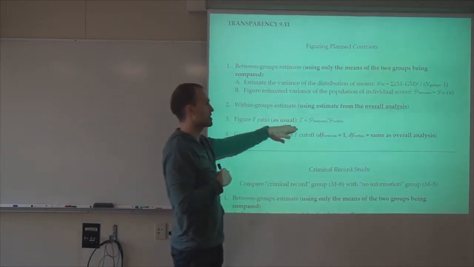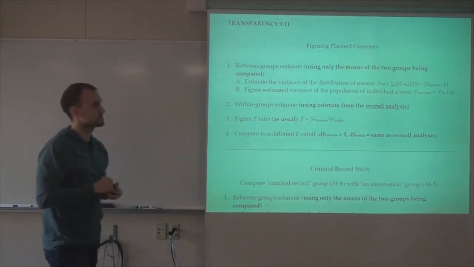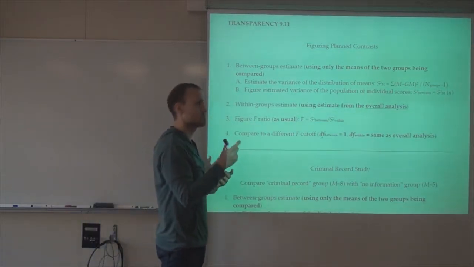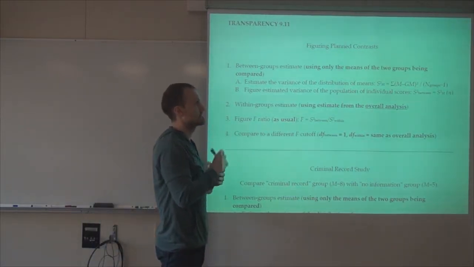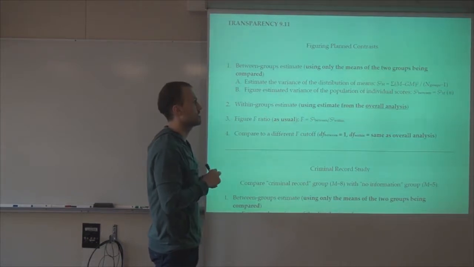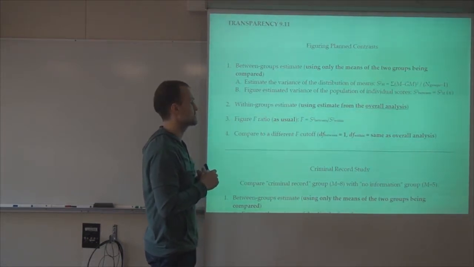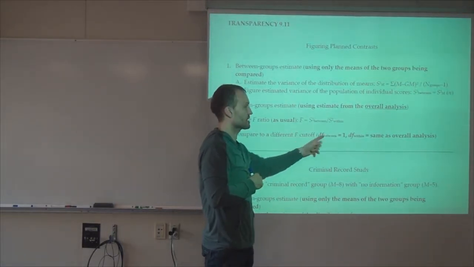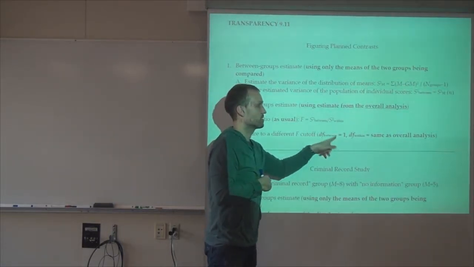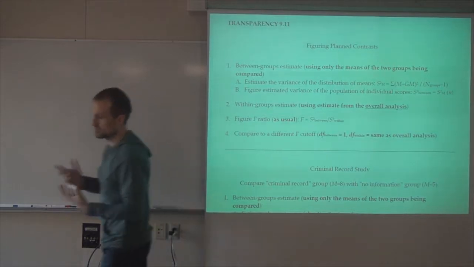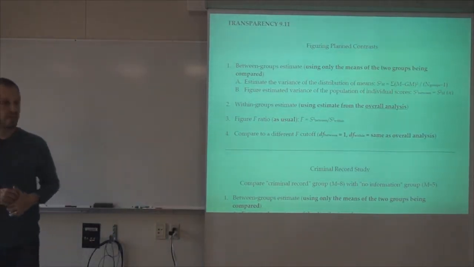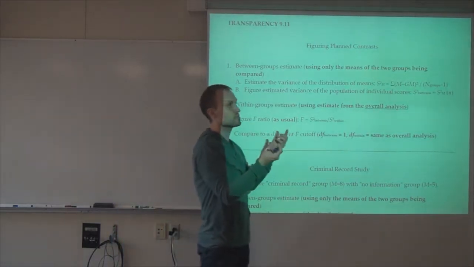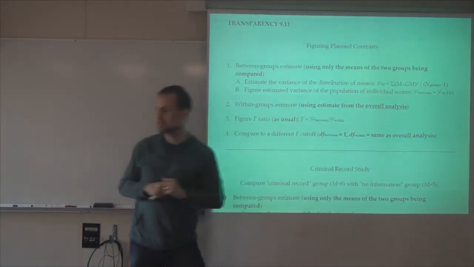Then I'll calculate my F ratio as always and get something slightly different corresponding to that pair of groups, samples. Compare that to what might be a different F cutoff, because my degrees of freedom, especially the between, will change to potentially a 1, because I have two groups, minus 1 gives me 1.